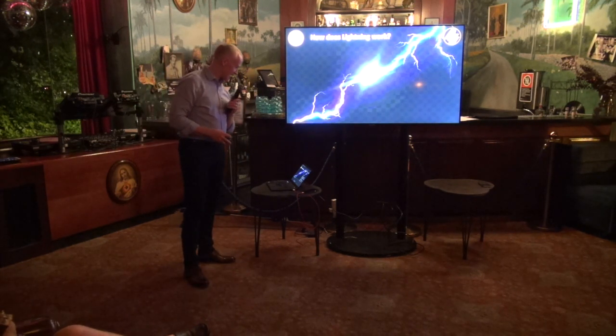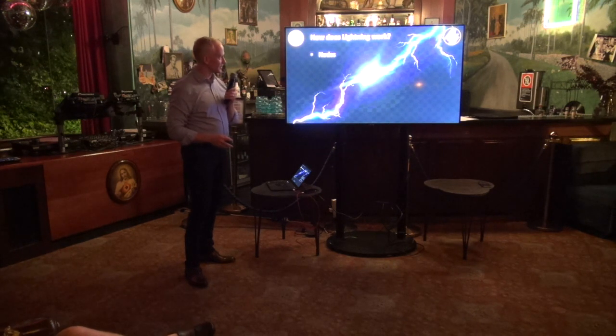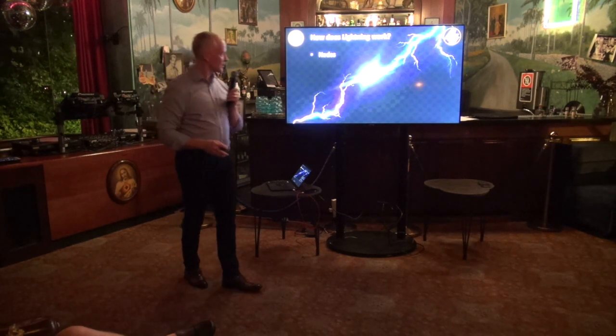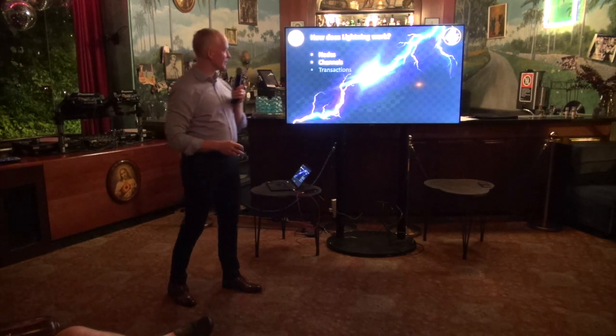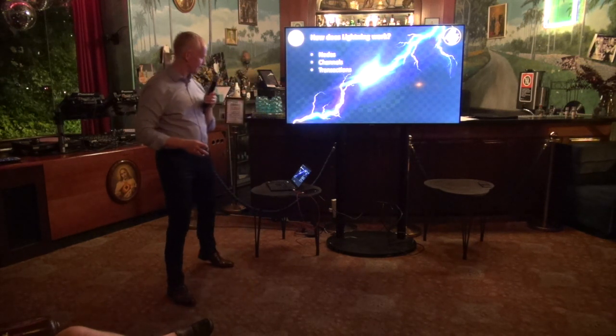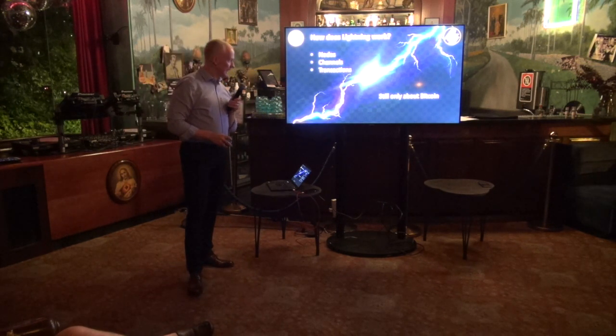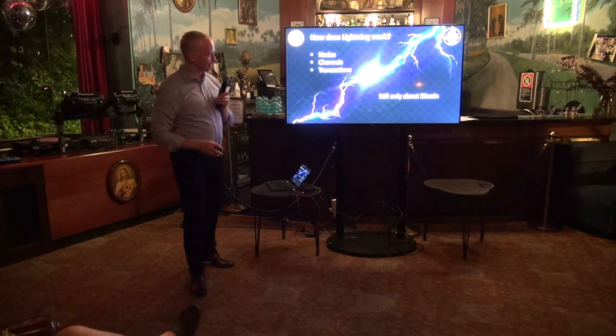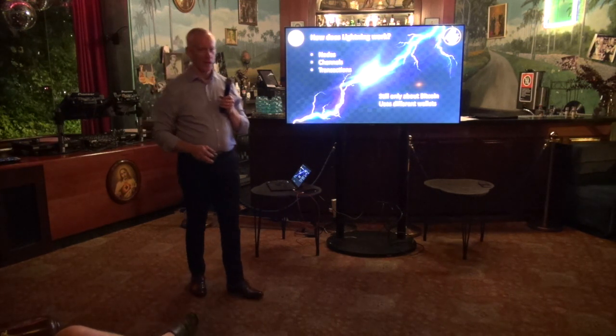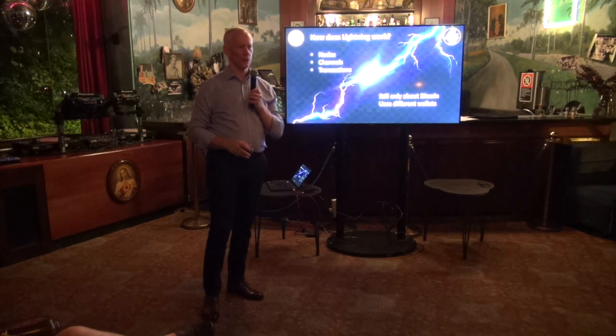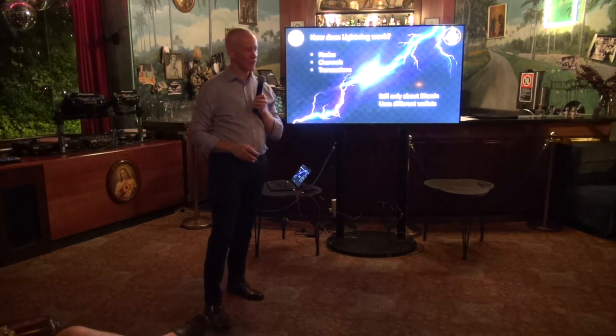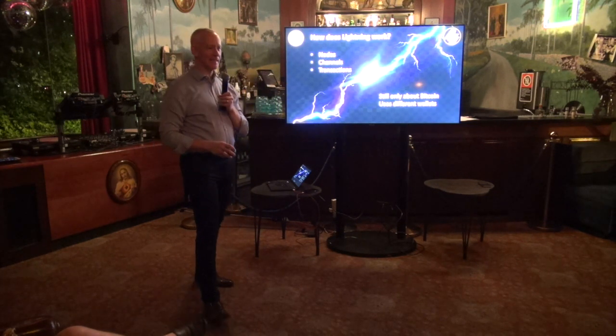Yeah, so let's have a look at how Lightning works. So, 3 basic components: nodes, channels, and transactions. It's still only about Bitcoin. There are no Lightning tokens. There are no Lightning coins.